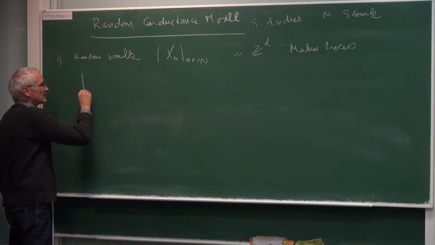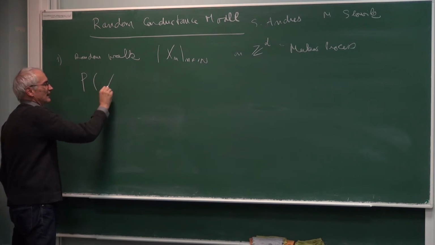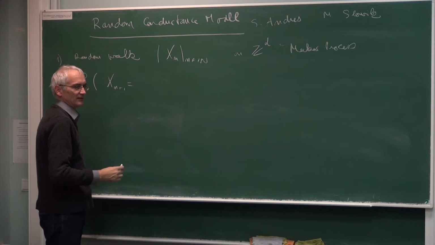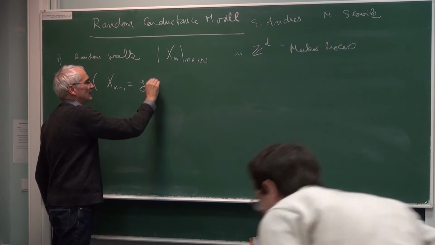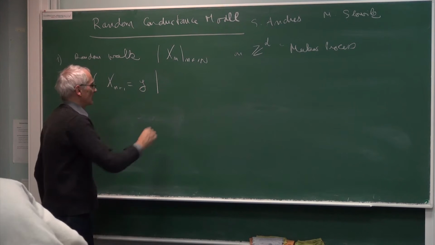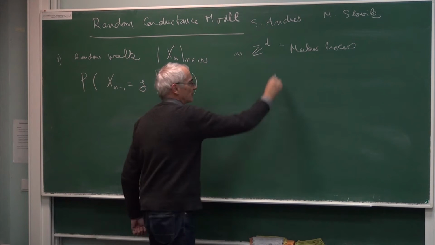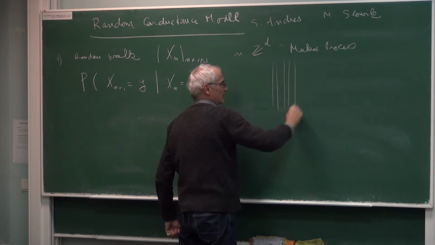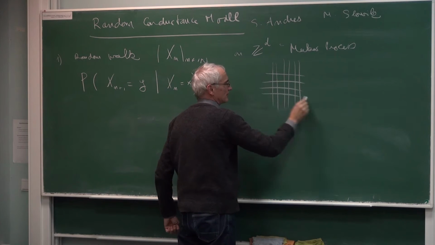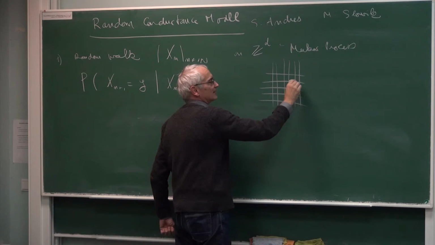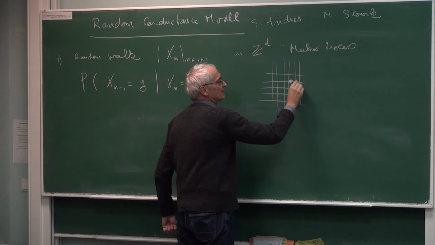P is the probability that at time n plus 1 you find the particle at location y, knowing that at time n the particle was at x. So suppose you are on the d-dimensional lattice. Of course, I will only draw it in dimension 2. At time n you know it's at x, and you want to know the probability of finding it at y.